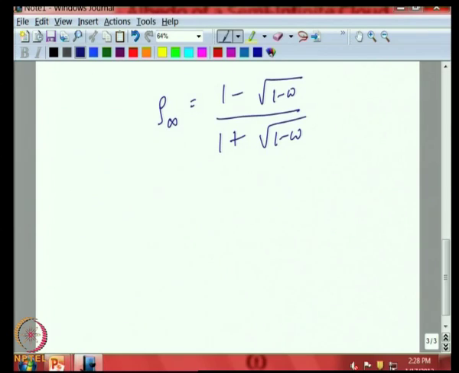The boundary conditions we need to use in order to solve for C 1 and C 4, as there are two unknowns, are that the upward flux at tau equals tau star is 0.